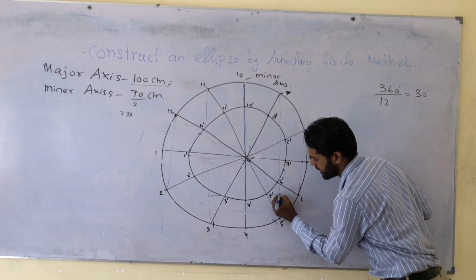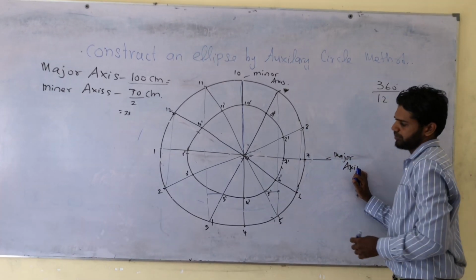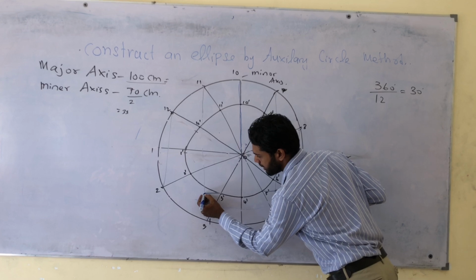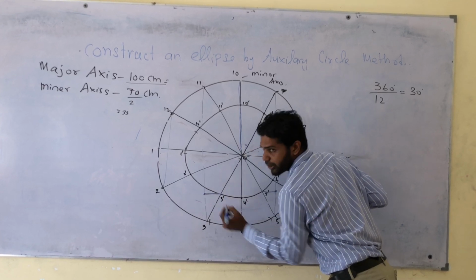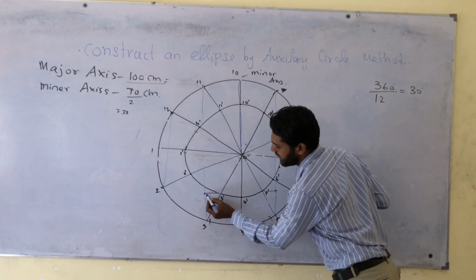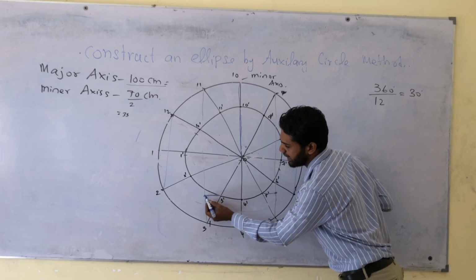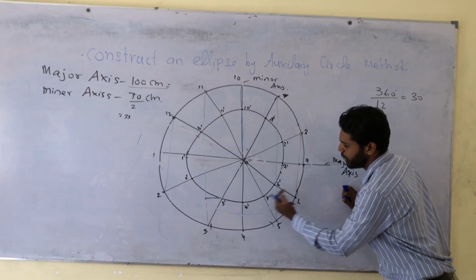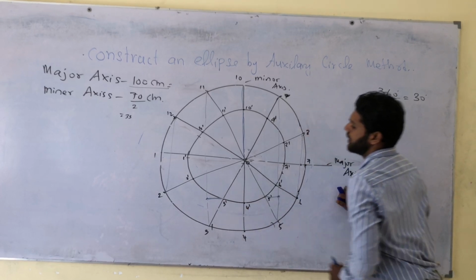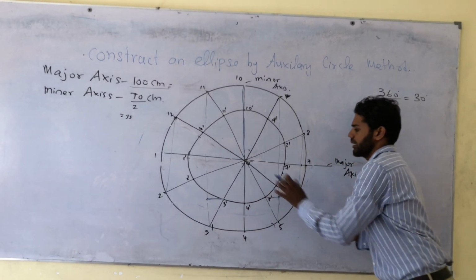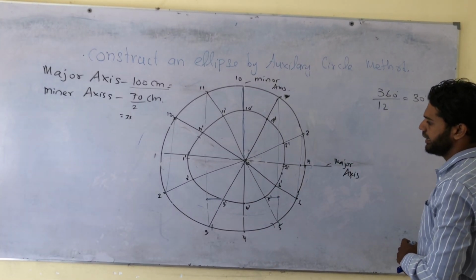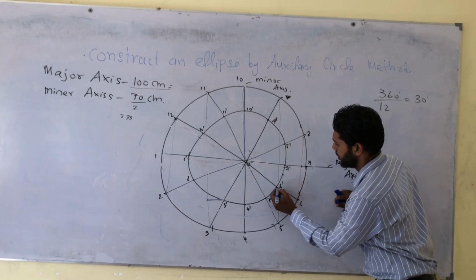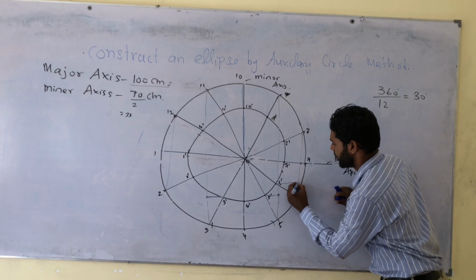From here to here, external, and mark this point, right? And here, and extend this line and mark this point. It means the intersection line. You have to mark the intersection line here. Externally, you have to extend the internal circle, right? And here also 2. Here 2. You have to.